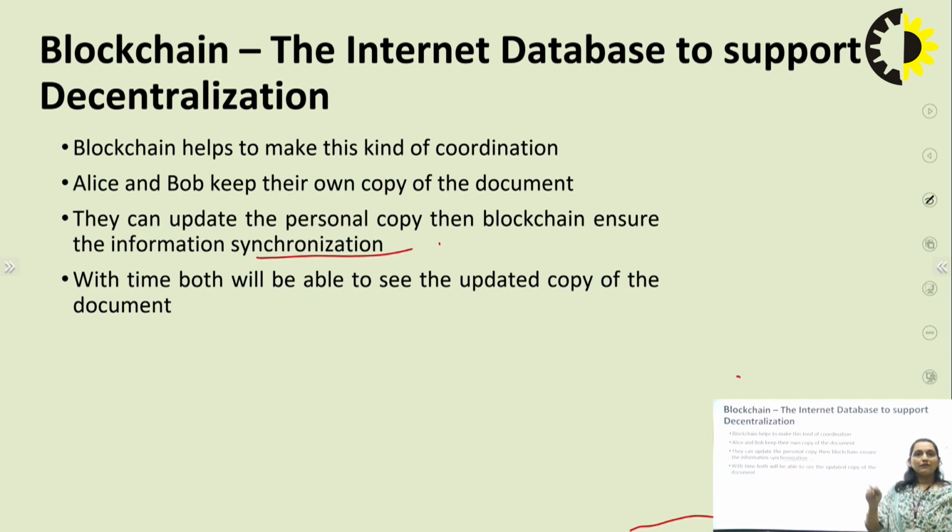The information present with Alice and Bob has to be visible to both of them. With time both have to update their copies.